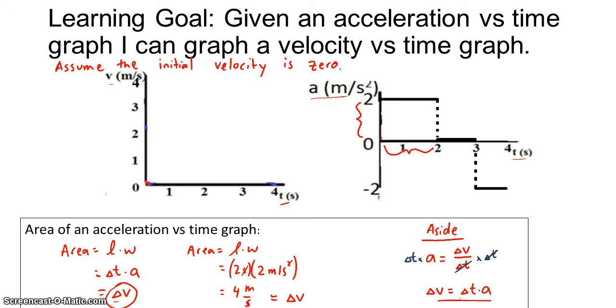So if we assume the initial velocity is 0, my change in velocity, which was my area, is 4 meters per second. Meaning after 2 seconds, I start at 0 and go up to 4 meters per second.